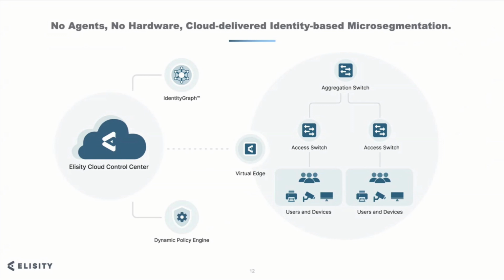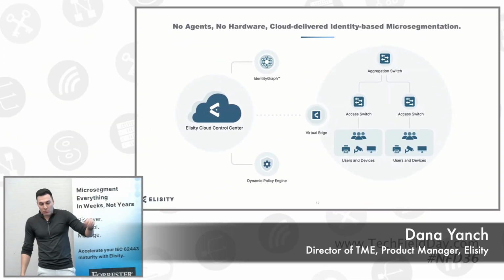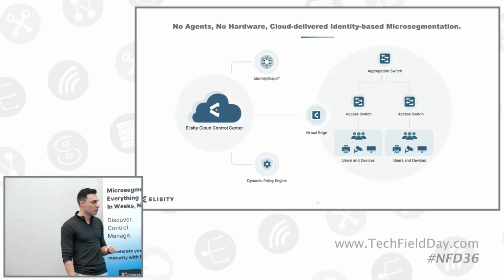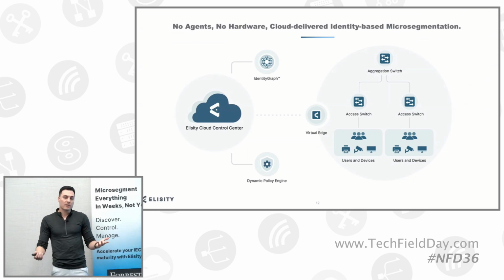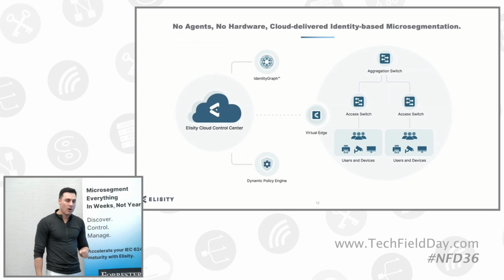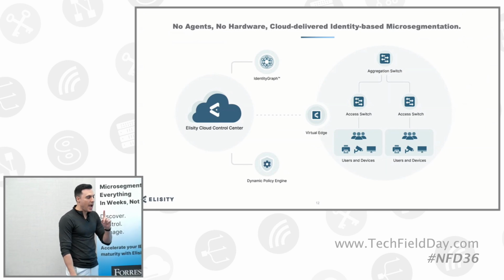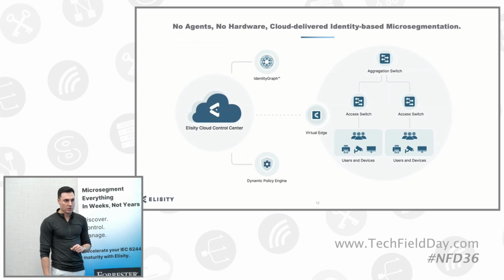Straightforward. But customers subscribe to our solution, and they get the keys to the kingdom, and they log into Cloud Control Center. What's next? There's one thing on-premise that they need to deploy. One little piece of software, one gig app called the Virtual Edge.